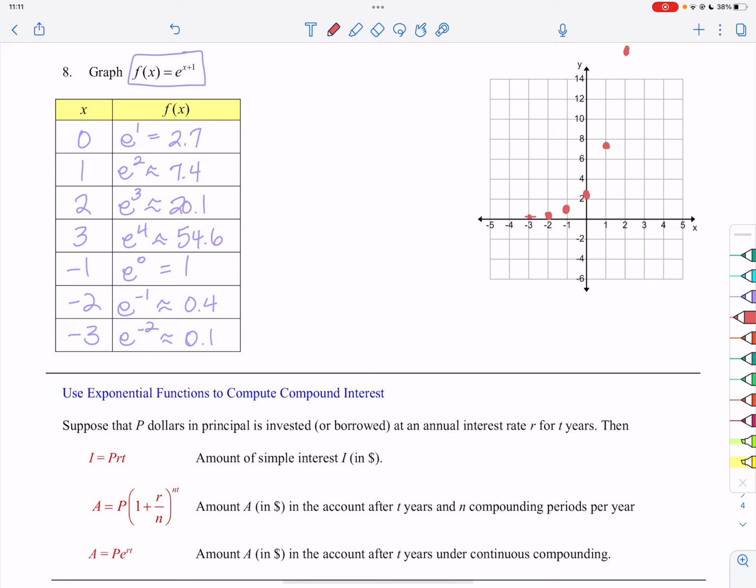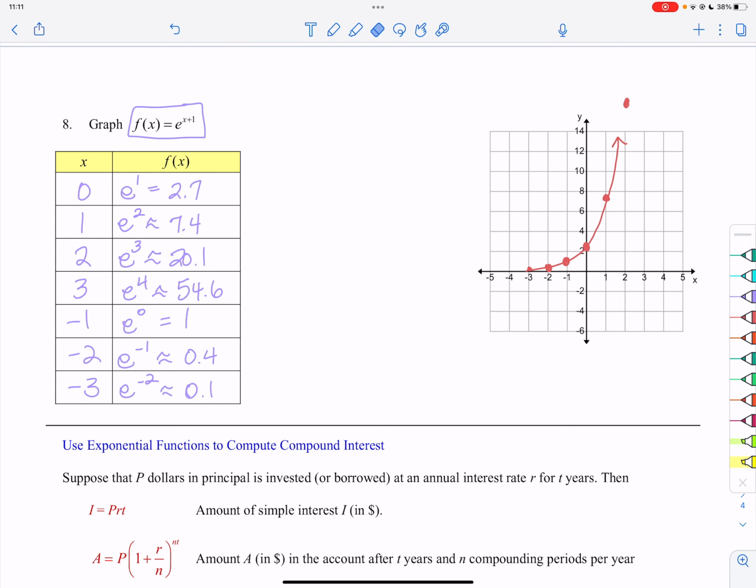And what do you notice about the steep part of this graph? The steep part of this graph is in quadrant 1. And why is that?